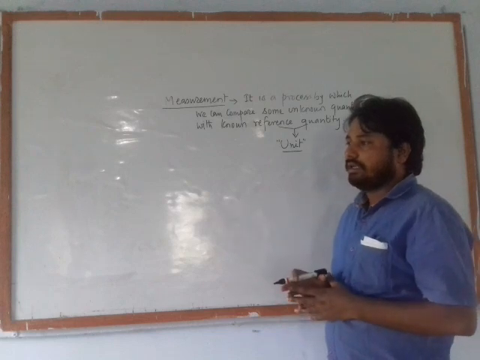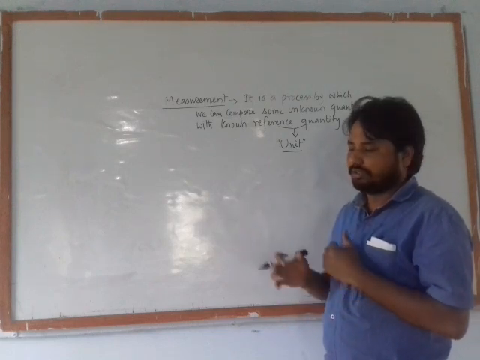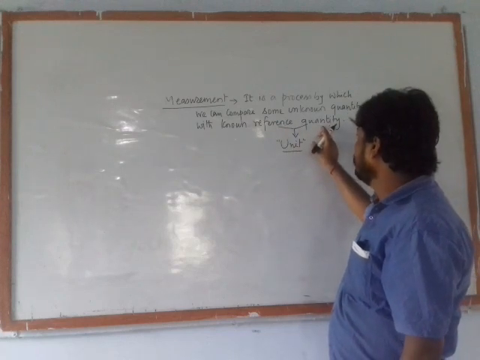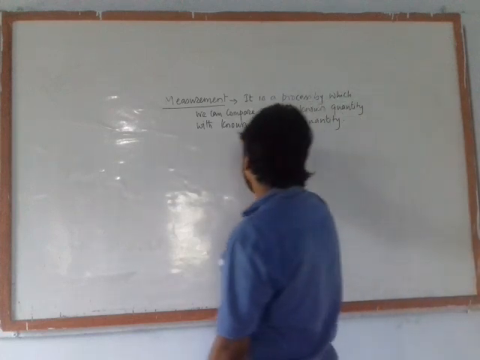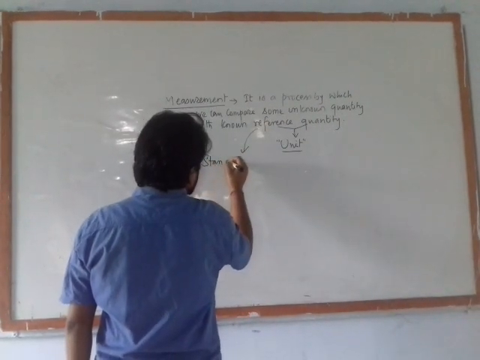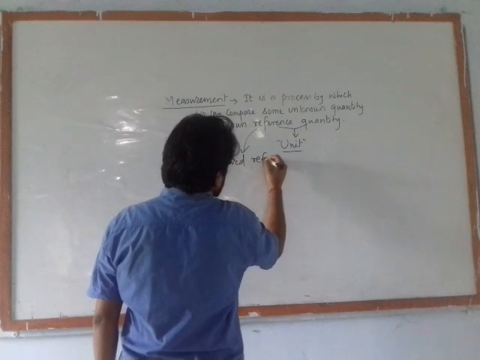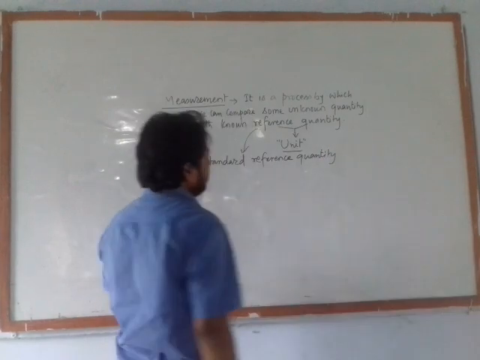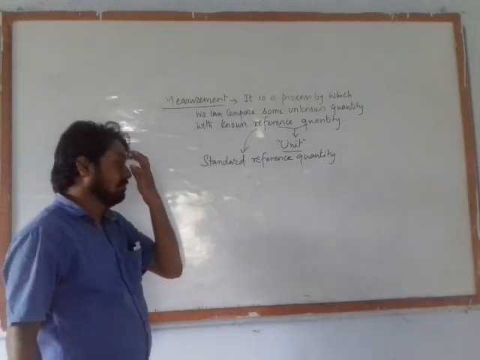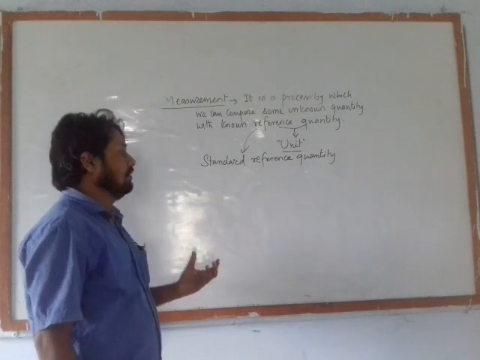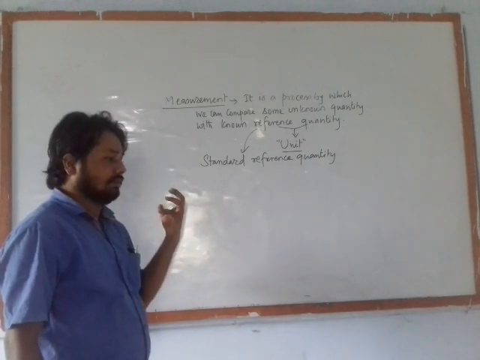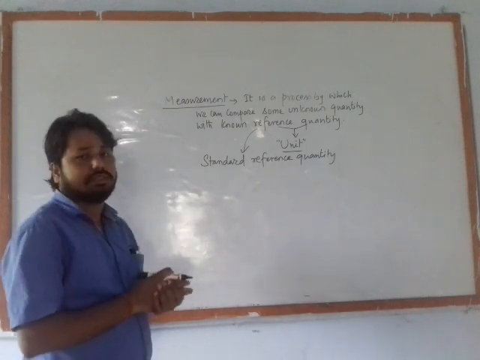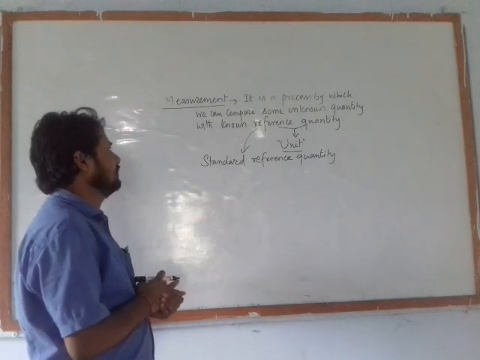They give the potato by comparing it with some known standard reference quantity. There is some particular device they keep in a pan balance and compare. Sometimes they compare with a spring balance also, and do the measurement.